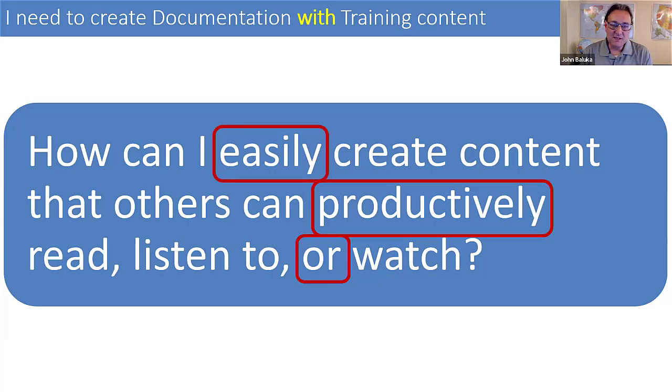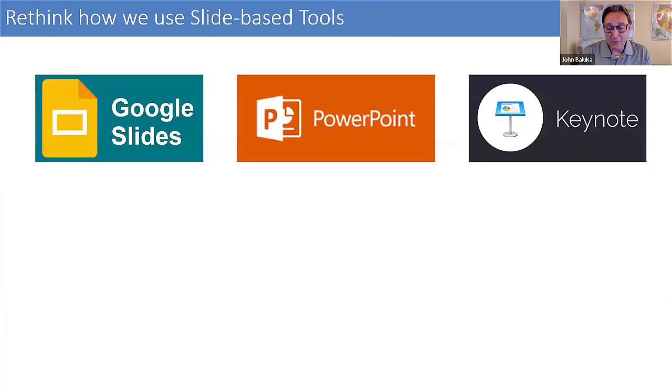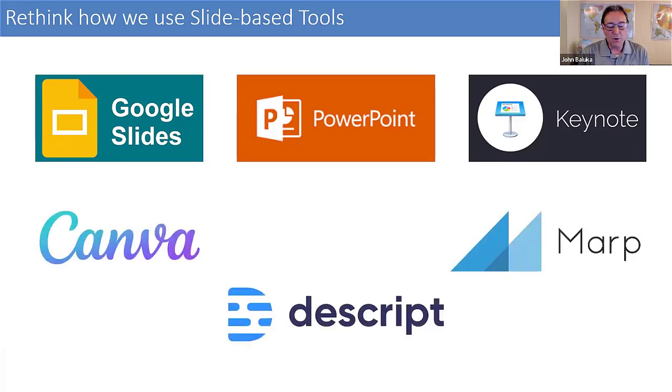So this is where I stumbled across how we really need to rethink how we use slide-based tools. Whether it's Google Slides, PowerPoint, or Keynote, I'm really finding that there's a trend that in creating content, they're still kind of doing things in a slide-based way. So there are products out there that are gaining steam, such as Canva, and I'll touch on each of these a little bit later.